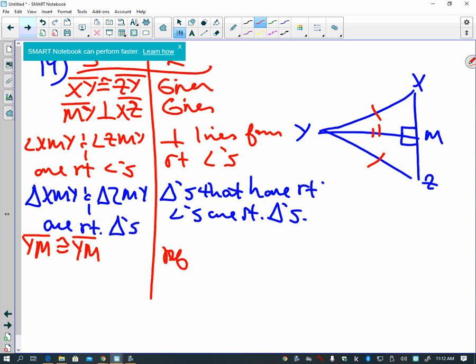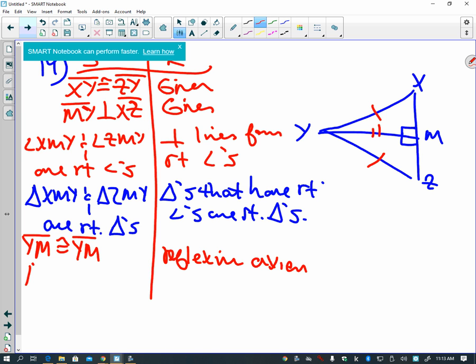Reflexive axiom. No, it's not side angle side. It's hypotenuse leg. Side angle side would have to have XM and ZM in order to have side angle side.